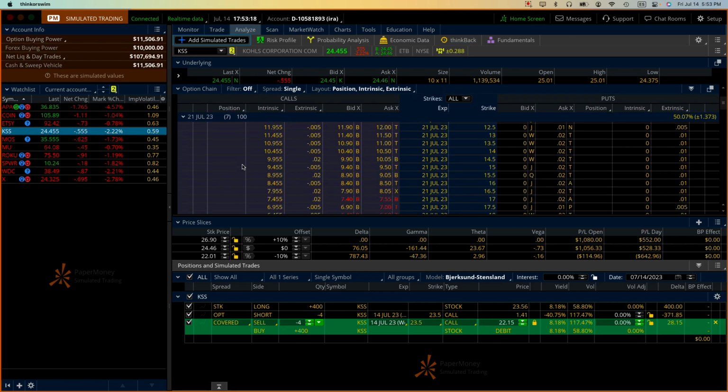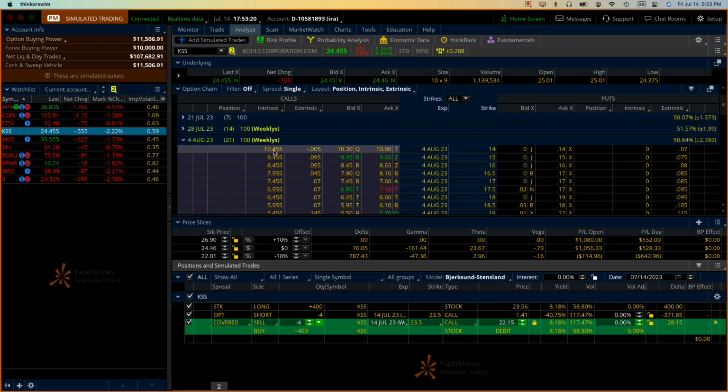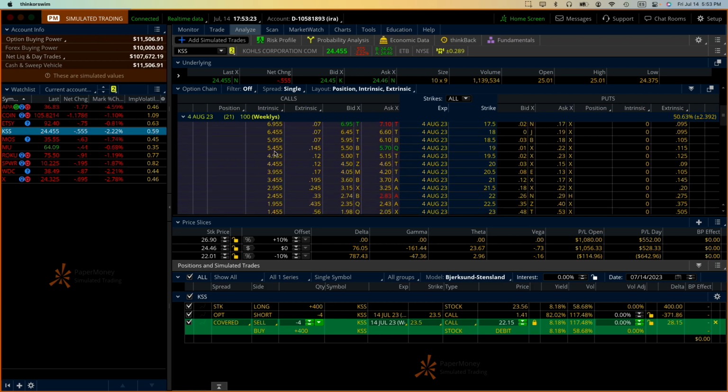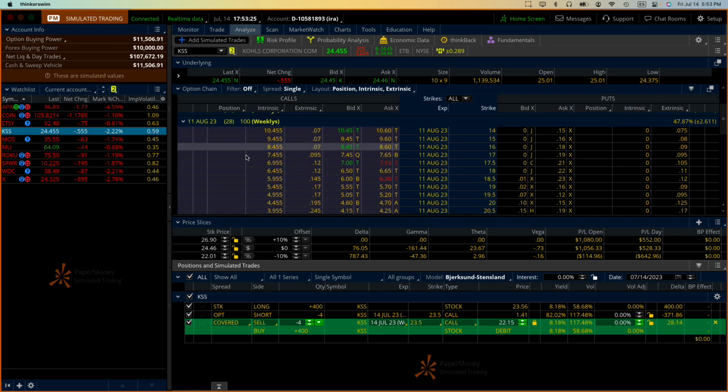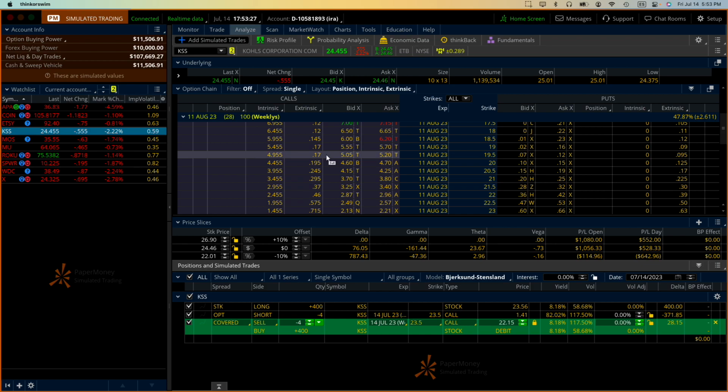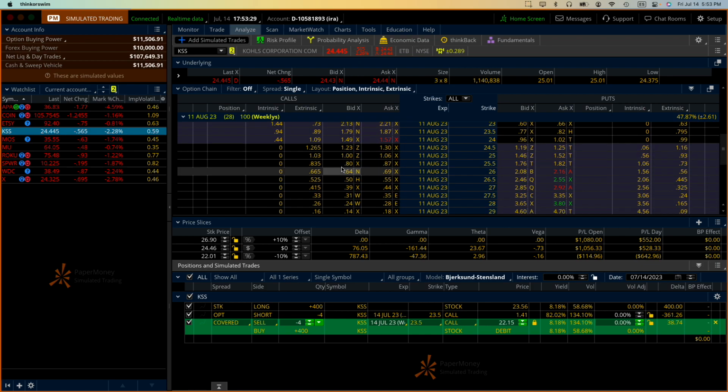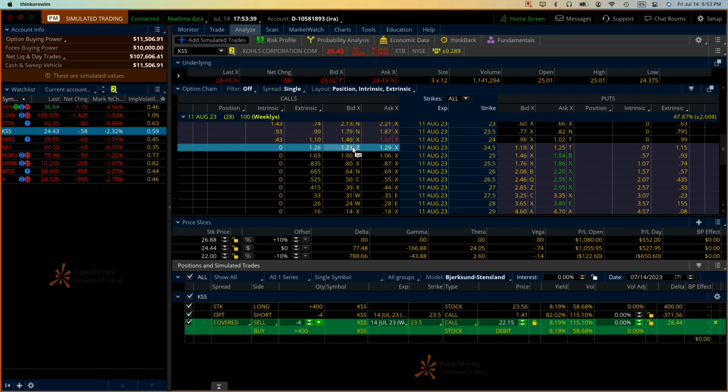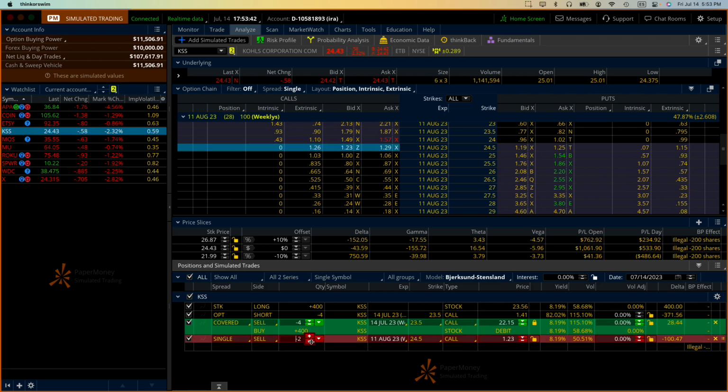Well, again, we go to August 28th and look for the option that has zero intrinsic value and the maximum extrinsic value. That's $1.26. I click on the bid, and I will do this 4 times. Okay.